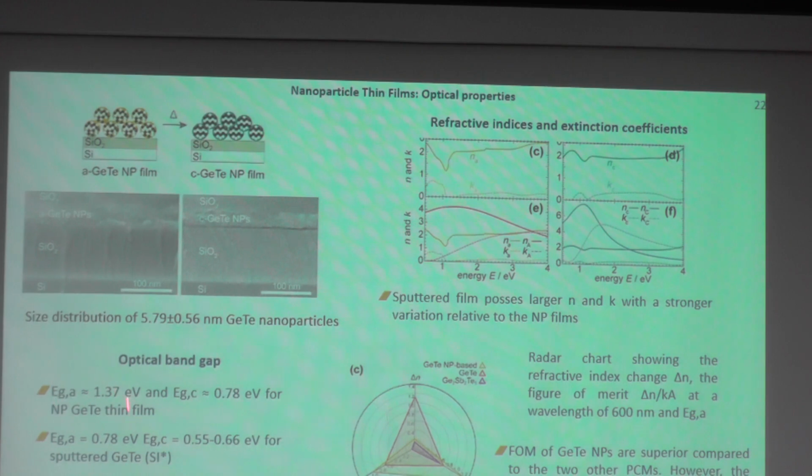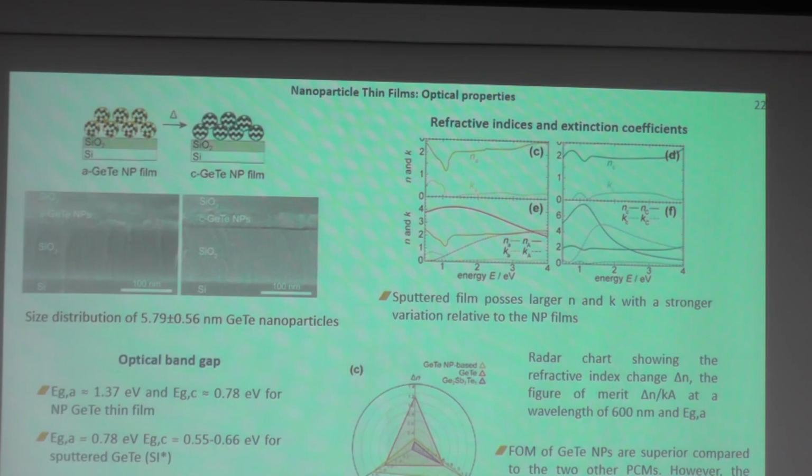And here we also see an increase in the band gap for the nanoparticle thin film, for amorphous; this is a real thin film, it shows 0.8 eV and crystalline 0.6. Here there is also a difference of up to 0.2 eV.